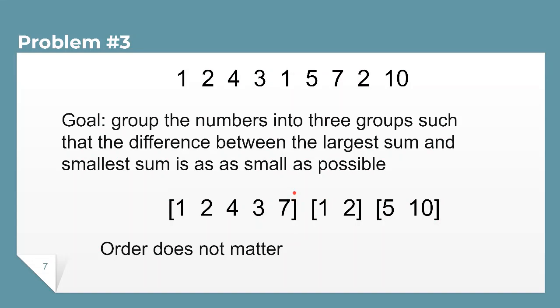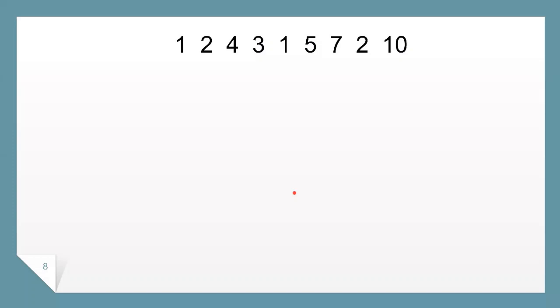So how do we do this? This problem seems a lot more complicated, maybe, than the previous two, so this might take a little bit more time. Okay, so let's first iterate in order.